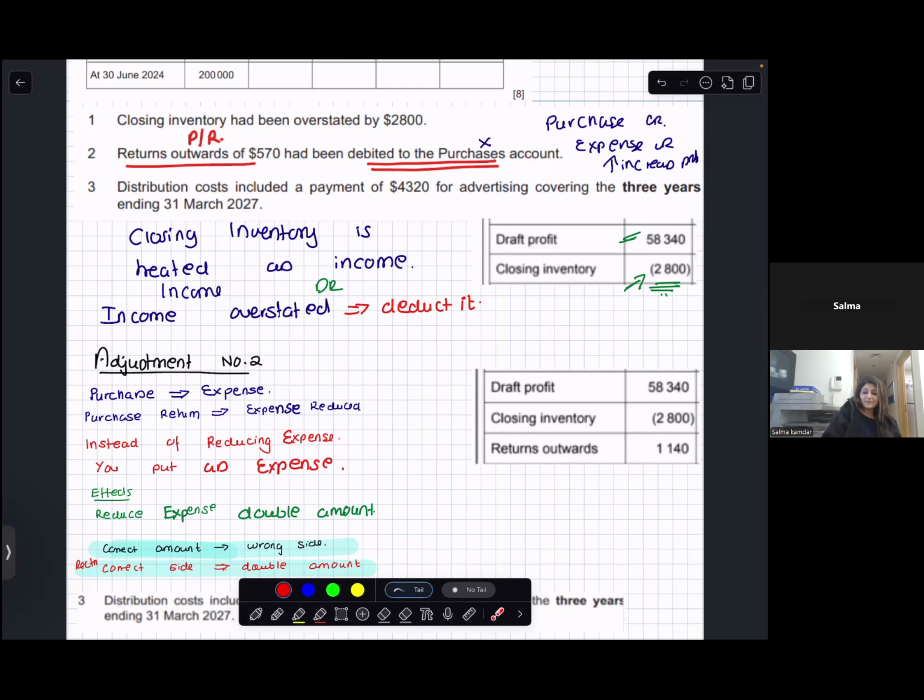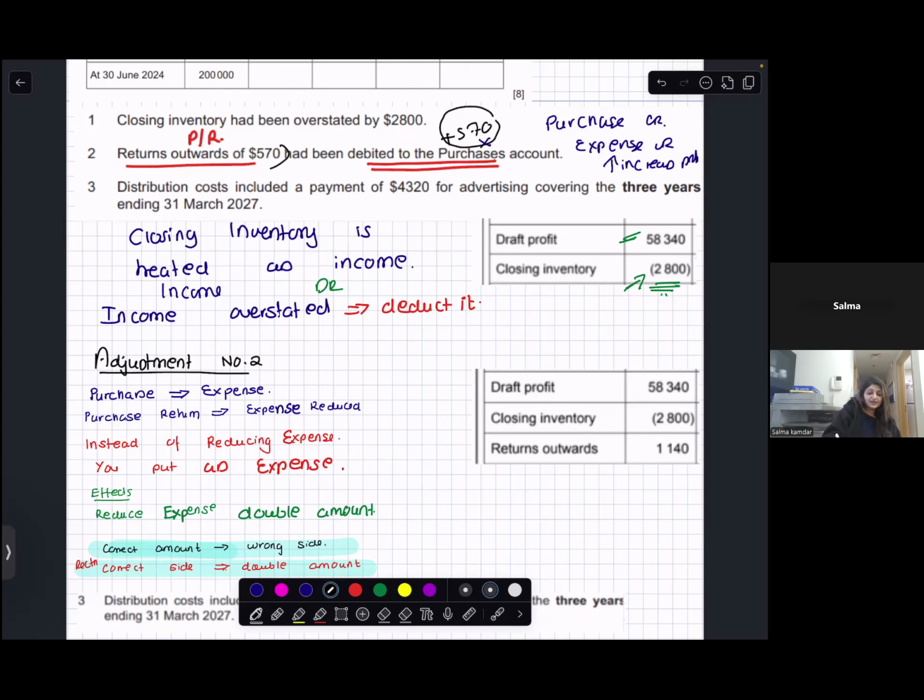So expense will be credited. If expense credit, income credit, what will you do? You will increase the profit. So for this part, I have to increase my profit by how much? 570. I hope you're with me.